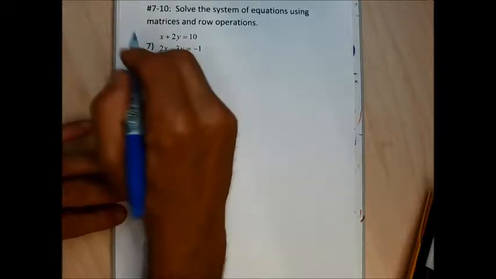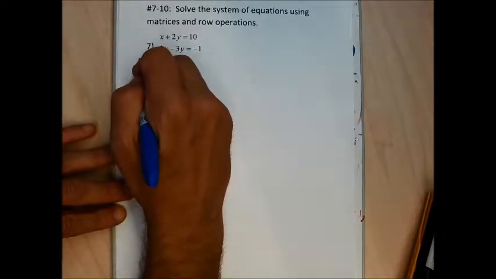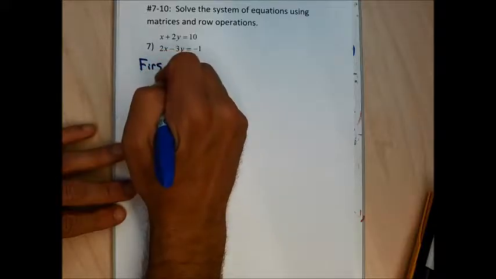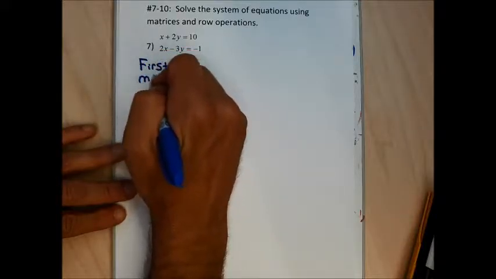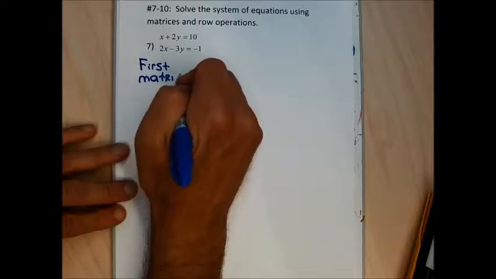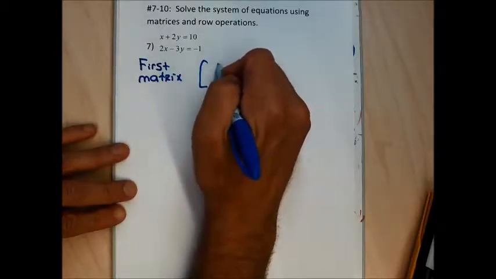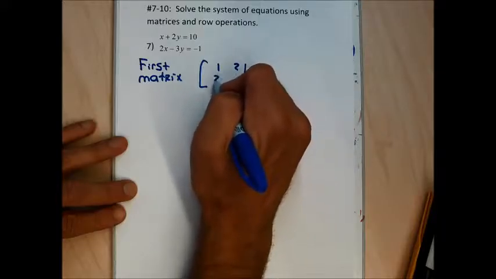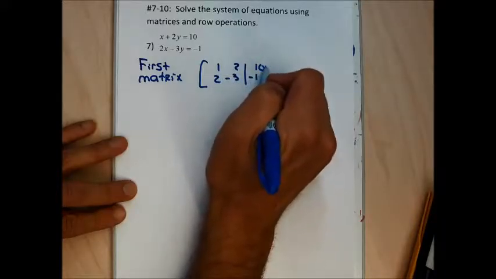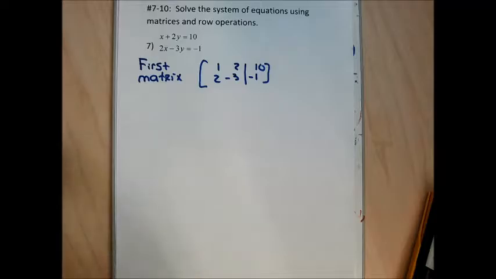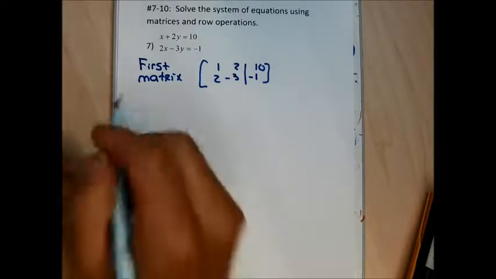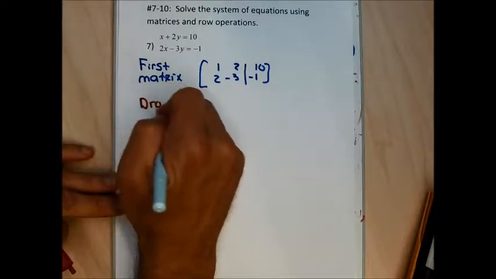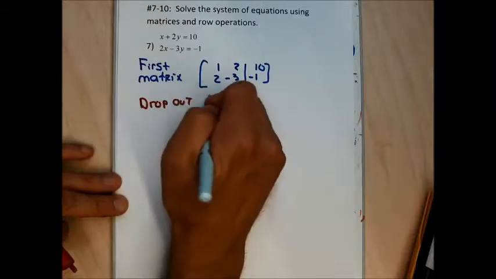So for problem 7, my first matrix, if I want to do this by hand, at some point I'm going to check on my calculator. I'm going to do it all by hand and then check on my calculator. My first matrix is going to be 1, 2, and 10, 2, negative 3, and negative 1. And then I'm going to drop out the x.